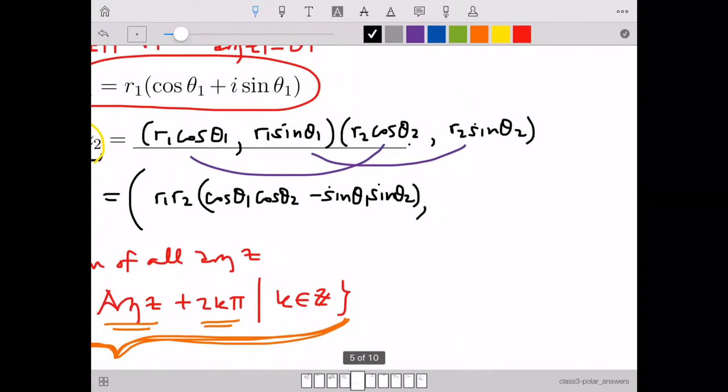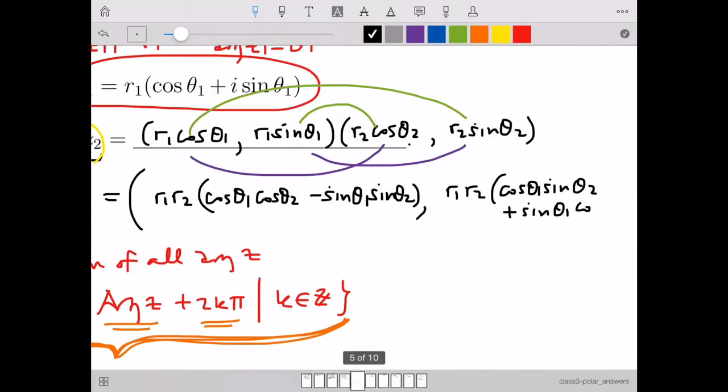And for the imaginary part, we do this times this and this times this, and add them. Right. So there again we will get R1 R2, and then we get cosine theta 1 sine theta 2 plus sine theta 1 cosine theta 2. So that's the product.